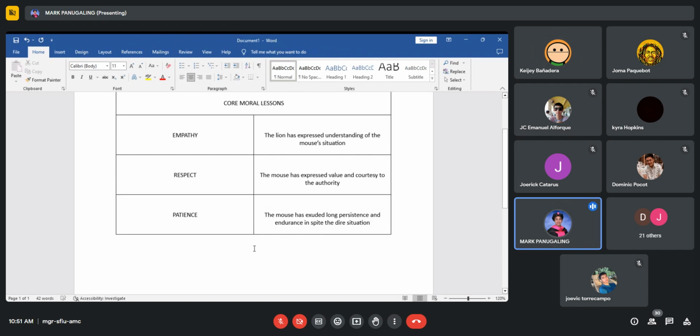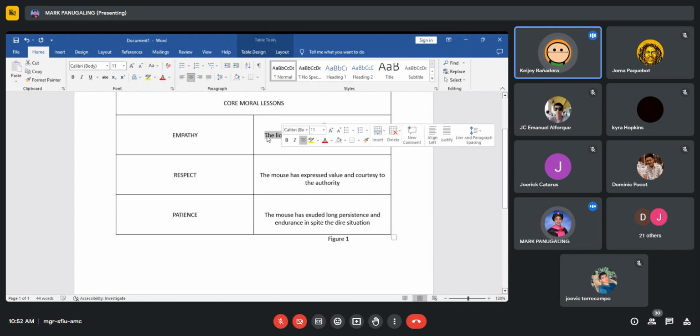Doc, what's the minimum of the sentence in every table? Like, for example, empathy. Are we going to use one sentence only, or is it okay if we use as long as it is consistent? If you're using a sentence here, then everything must be a sentence.